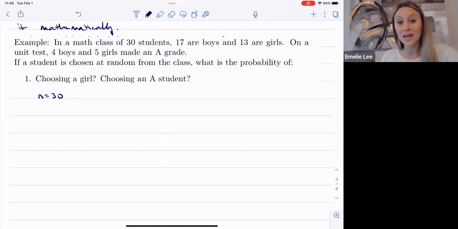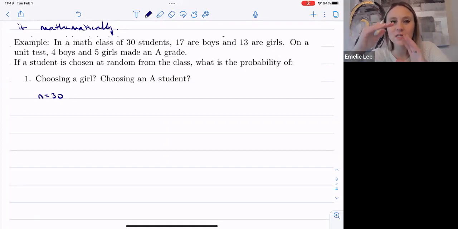My sample size and sample space are those 30 students, and 17 are boys and 13 are girls. If I focus just on my Venn diagram, I can make a circle to denote the girls, and then everything outside that circle would be the boys. Same thing with the A's: if I make a circle for the A's, then everything outside that circle is not A's. There were students who wrote the test and didn't get A's, that's okay.